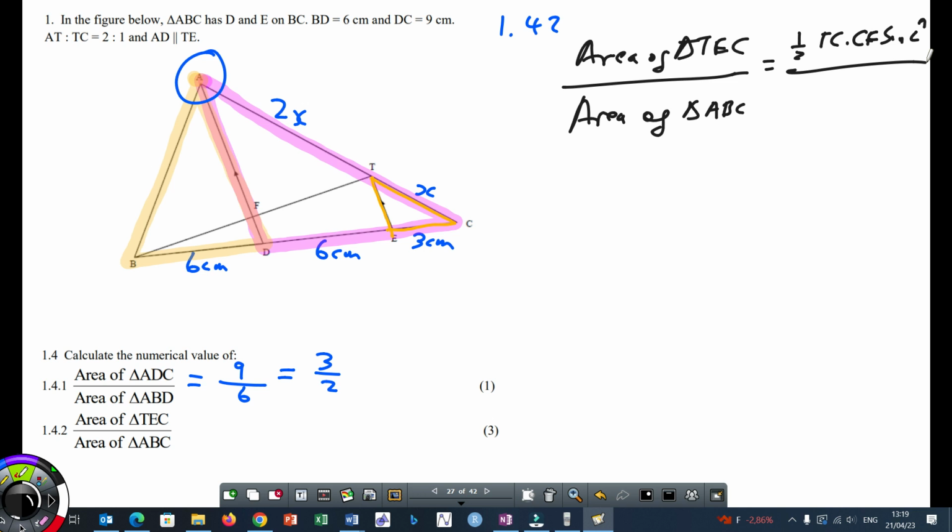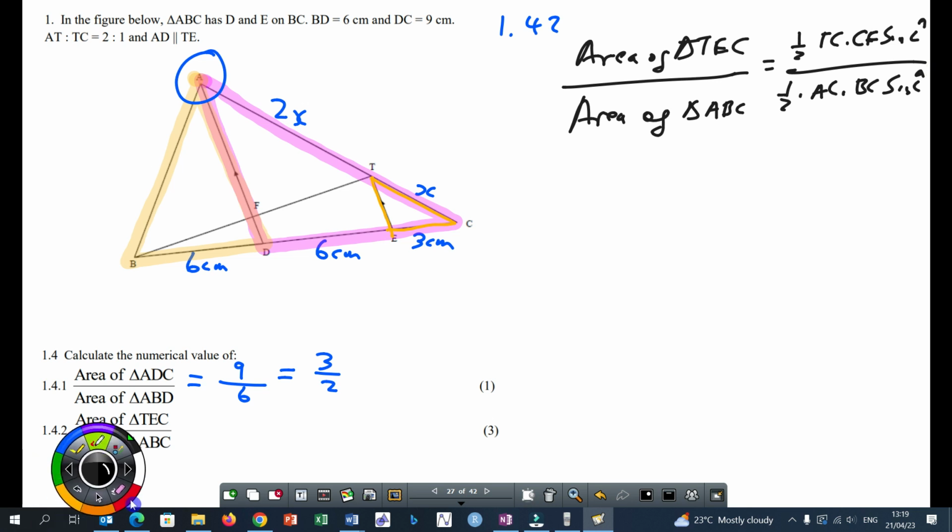over, for ABC, a half times AC times BC times sine C. Now, this is easy. So half and half cancel, sine C and sine C cancel. Now, TC I called it X. CE is 3 centimeters.